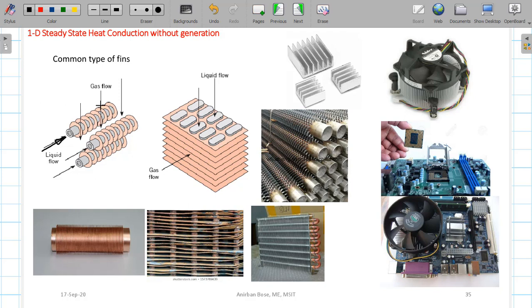Maybe this is part of heat exchange equipment where through the tube some liquid is flowing and it is required to exchange heat with the gas, and in that case along with the tube there are extended surfaces in annular form, so that the heat transfer between the gas and the liquid increases.